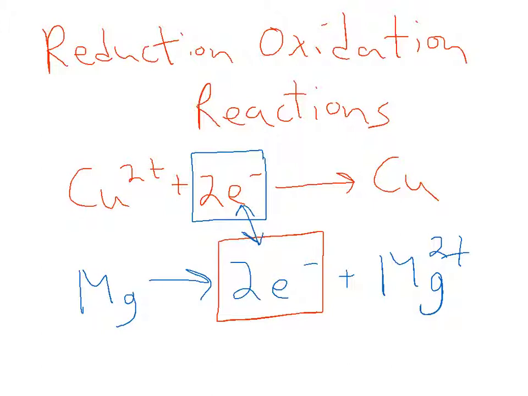If I play my cards right, these electrons can be the electrons that copper picks up to become solid copper. So if I run my reaction properly, I can reduce copper with 2 electrons from magnesium. This magnesium lost these electrons to produce what I want, which is copper.